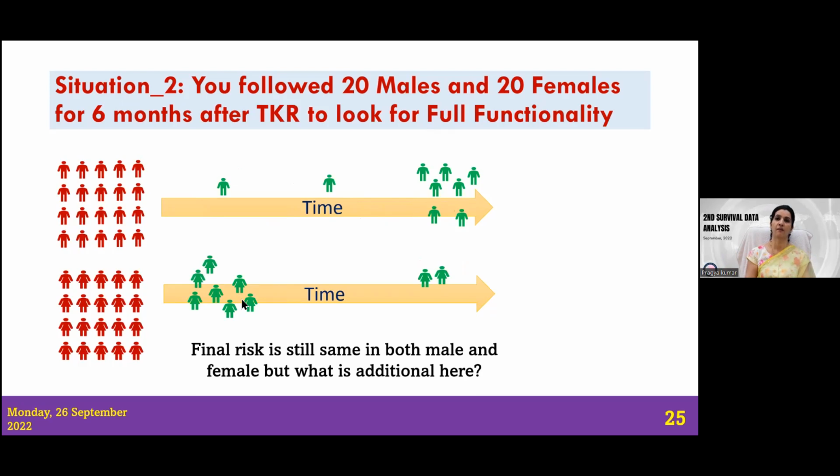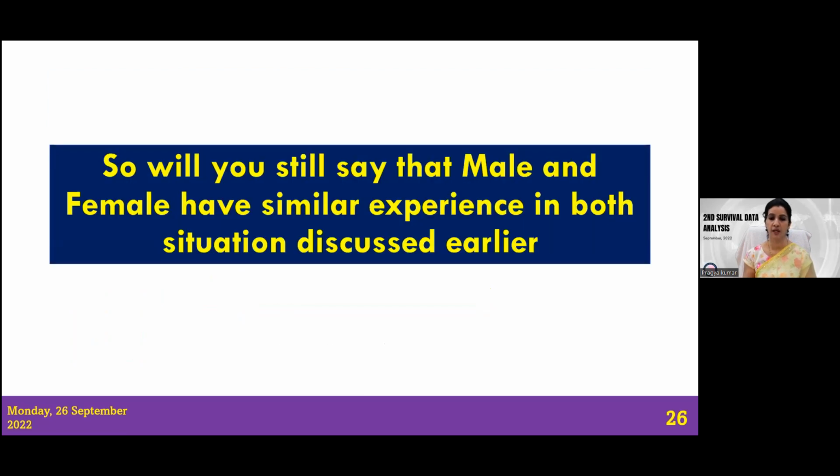So again, final risk is same in both these cases, but this information, that ambulation is early in females as compared to males, is important for policy making. So will you still say that male and female have similar experience in both situations as discussed earlier? So our answer will be no.